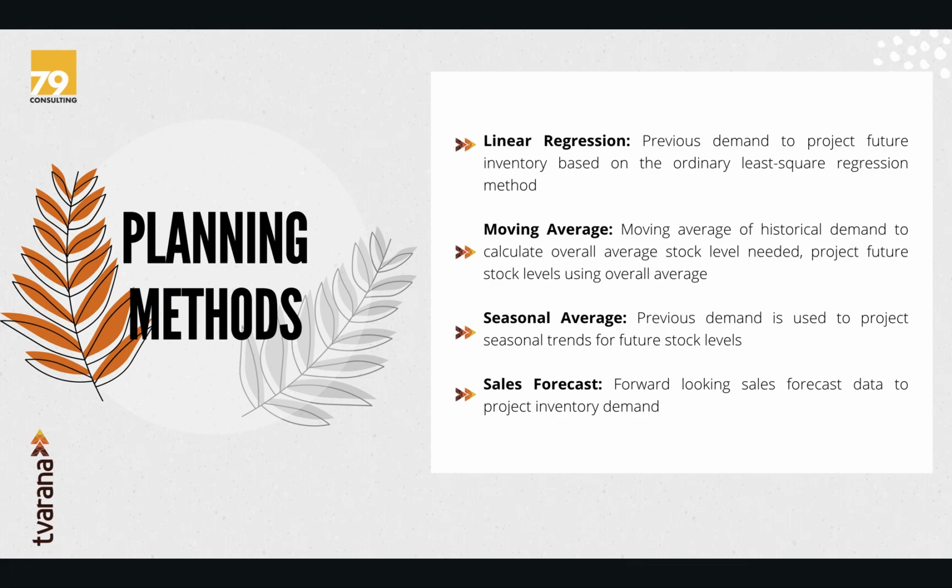Moving averages uses the moving average of historical demand to calculate the overall average stock level. Seasonal average provides demand to examine the seasonal trend of inventory flow and then project a similar seasonal trend for the future stock levels. Last and final demand planning methodology that NetSuite provides is called sales forecast.